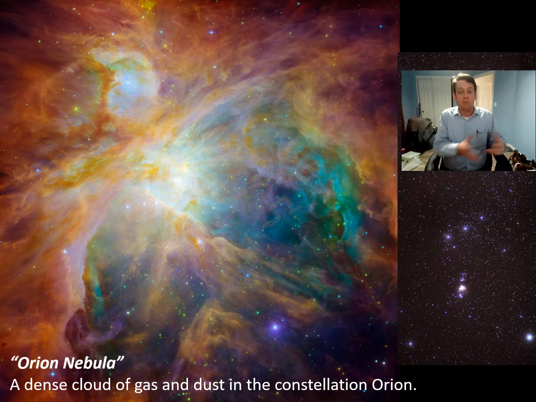There are parts that are more empty and parts that are less empty. Nebulae are areas which are relatively less empty than the rest of interstellar space. When we say it's dense, I don't mean dense relative to a star, because it's not a star itself, though there may be stars inside the nebula. But relative to interstellar space, it's dense, containing both gas and dust.